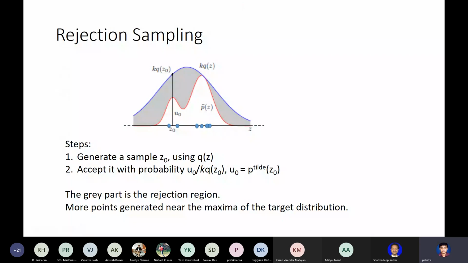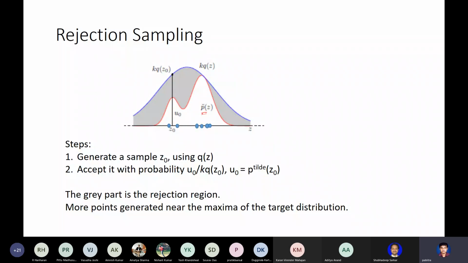In this picture, the red curve is the target distribution that you want to sample from, and the blue curve is an encapsulation, an upper bound on the target distribution P. You can also consider this as P hat, because actually you will not get P, you will get only P tilde.